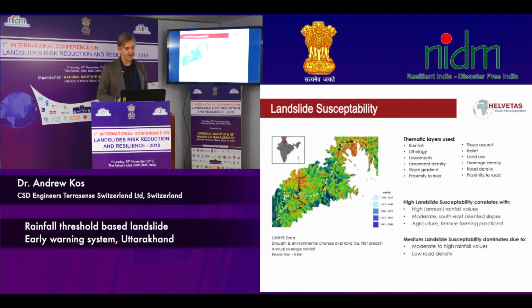Now, what's overlaid on that is the landslide distribution based on the Border Roads Organisation database. And when we look at this, we see that we have landslides occurring in moderate to low susceptibility. We have areas occurring in a little bit higher, and again here higher.